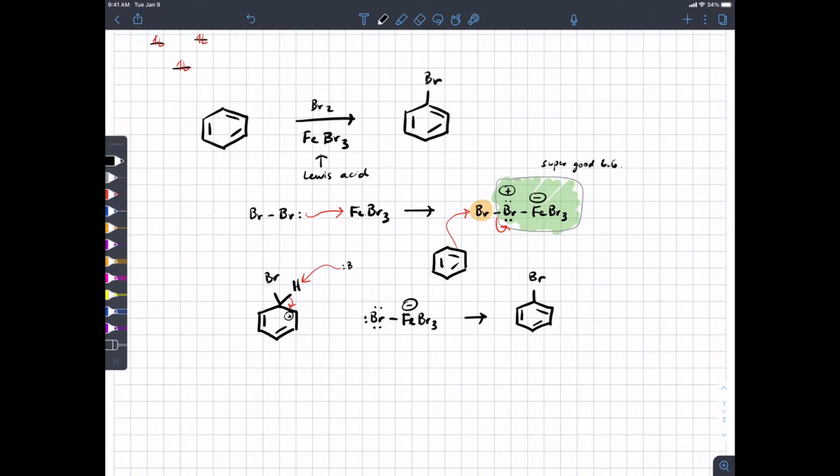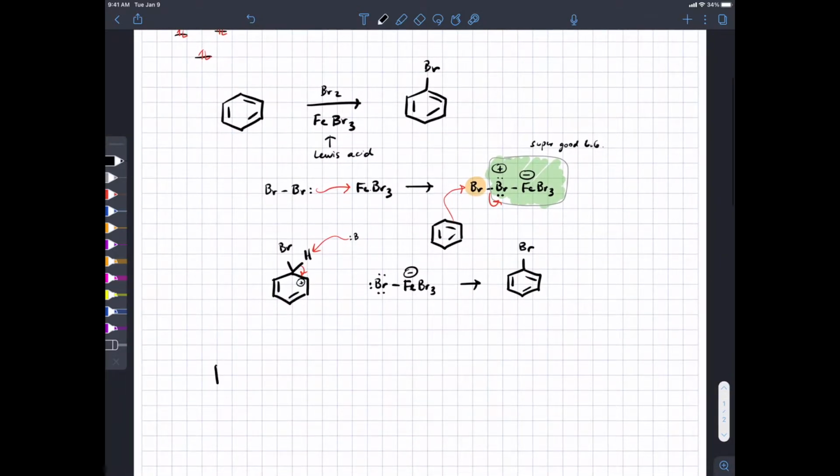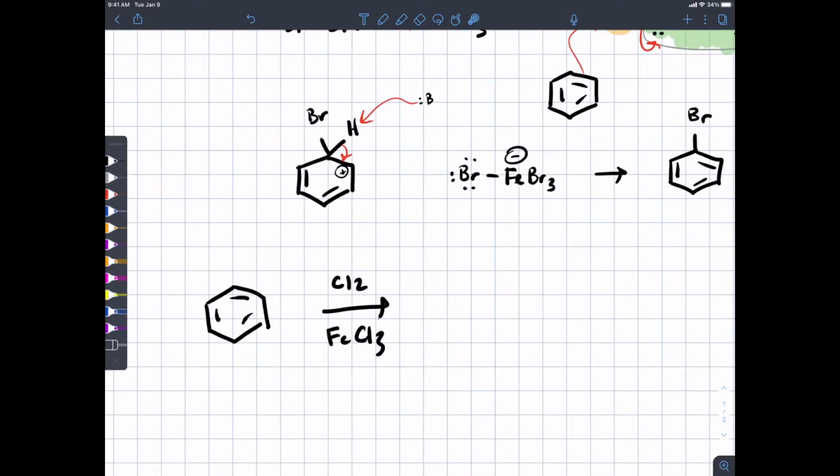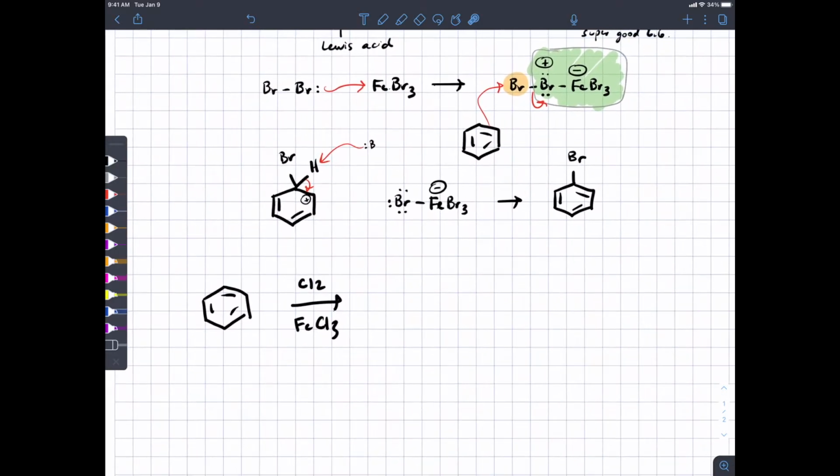You can do this with chlorine too. So we could take a benzene ring, Cl2, FeCl3. Usually, people always ask, why do you have to match the identity of your halogen with the other groups on the iron?